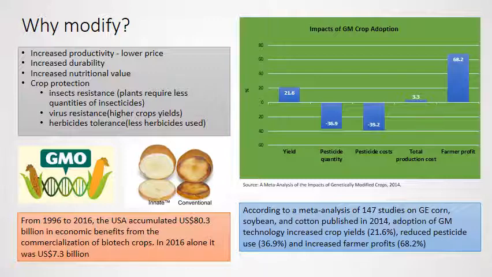According to a meta-analysis of 147 studies on genetically engineered corn, soybean, and cotton, published in 2014, adoption of GM technology increased crop yields, reduced pesticide use, and increased farmer profits. You can see the details on the graph.